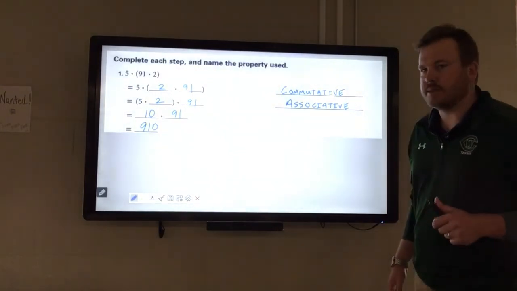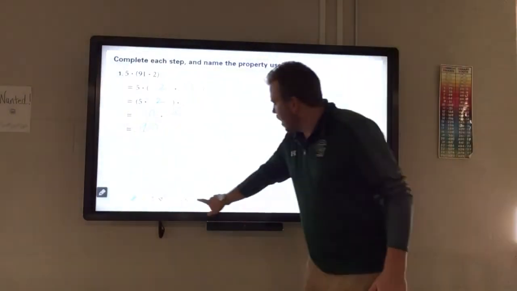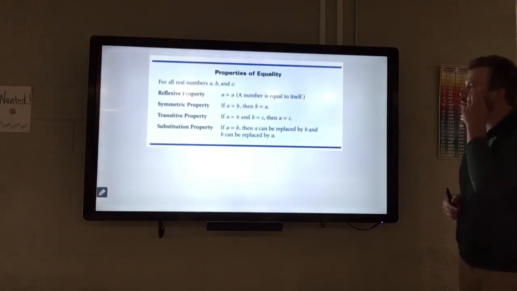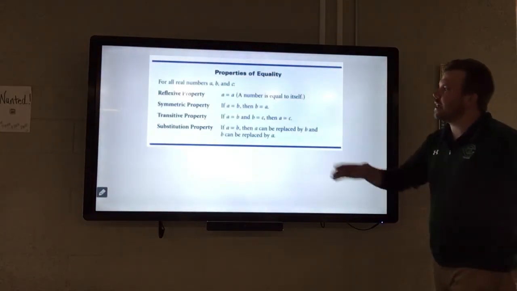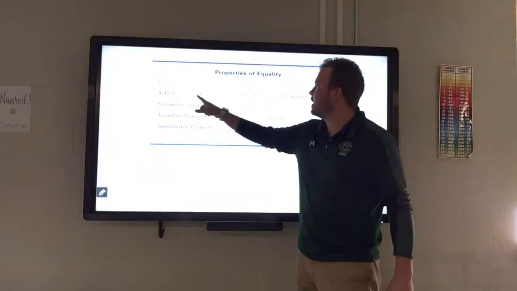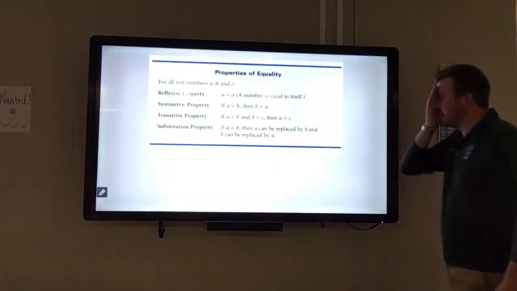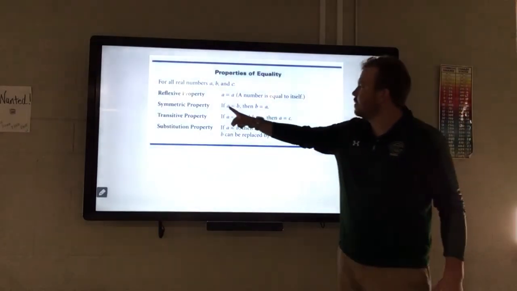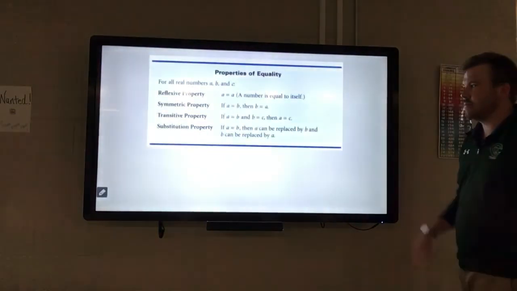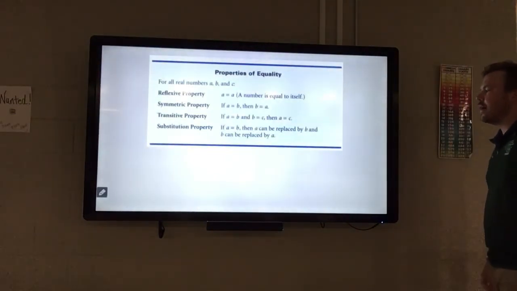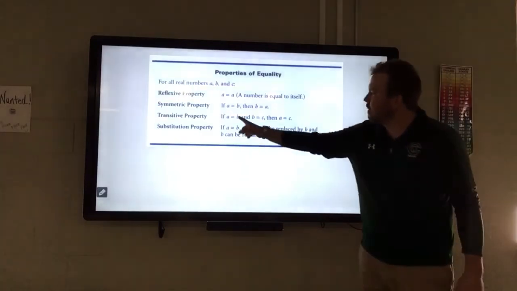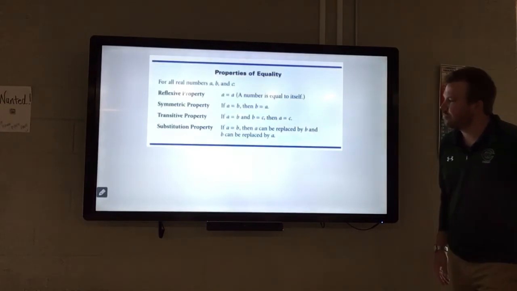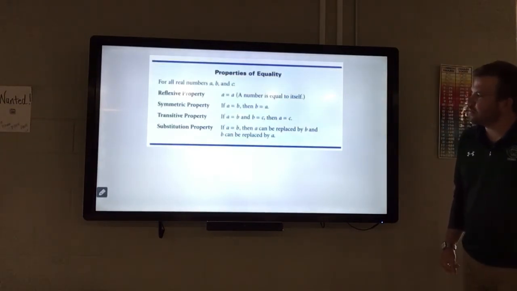Well, one of the ways we use it anyway. A couple more properties to know. This is really mostly for vocabulary at this point. The reflexive property tells us that a number is equal to itself. The symmetric property tells us that if A is equal to B, then B is equal to A. The transitive property, if A is equal to B and B is equal to C, then A must be equal to C. And last, the substitution property.